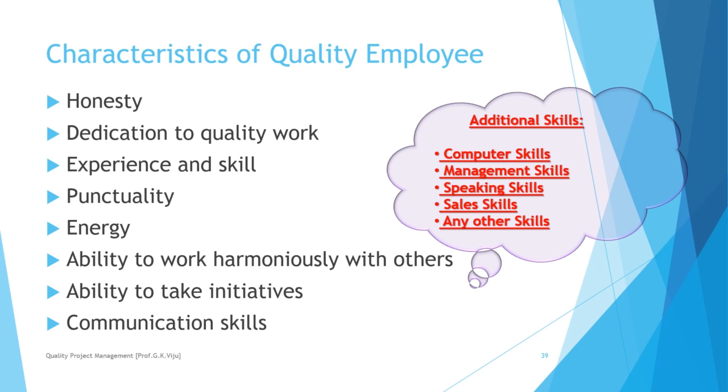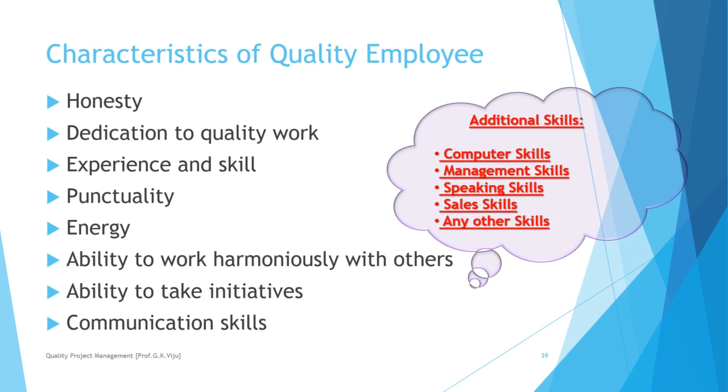Some like the employee should be honest, dedicated to quality work. They should have experience and skills, generally we call it schooled and skilled, punctuality, energy, ability to work without creating problems for others. They should be able to take initiative and have communication skills. So these are all the normal characteristics for an employee.